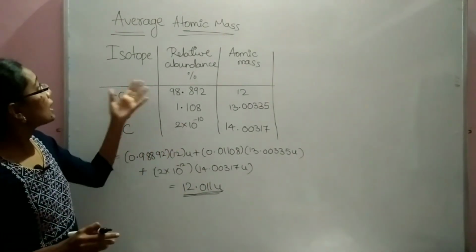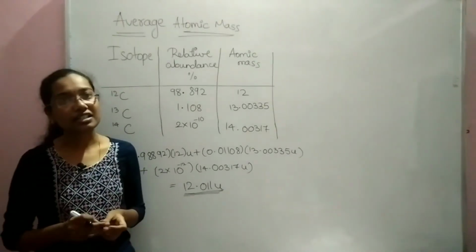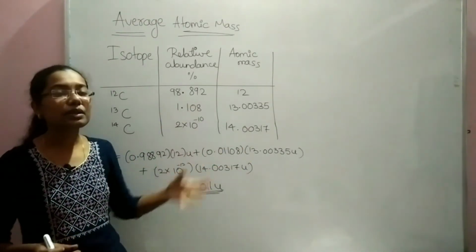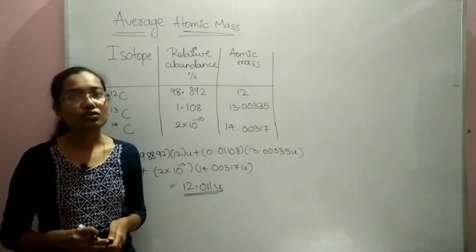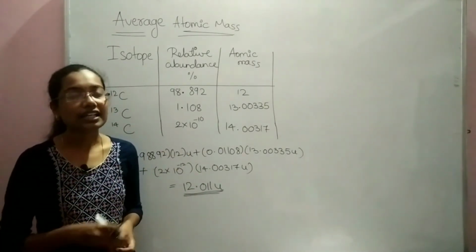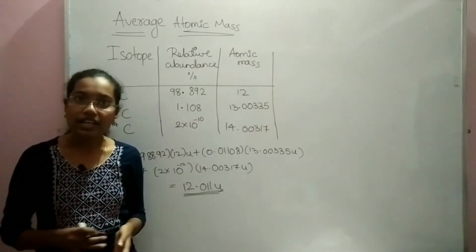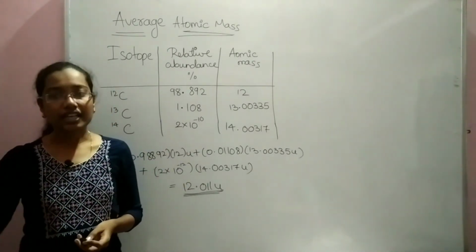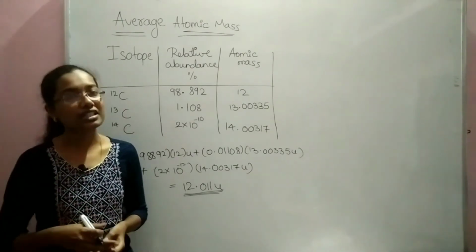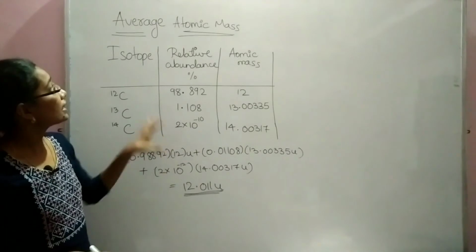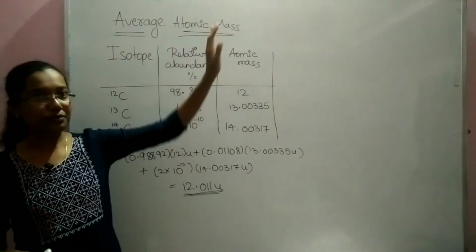Like this we calculate the average atomic masses for other elements also. For chlorine and oxygen also we will calculate like this, as a number of elements exist with their isotopes in nature. So this is the method of calculating the average atomic mass.